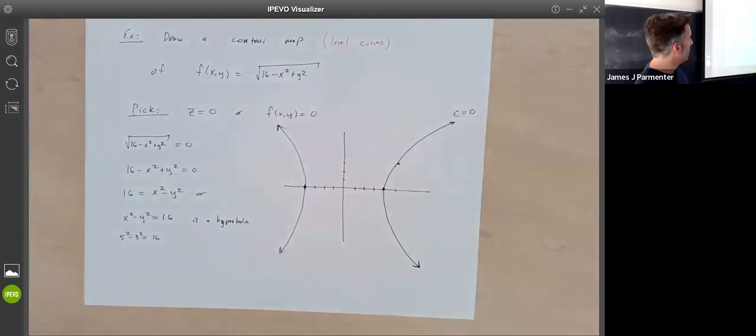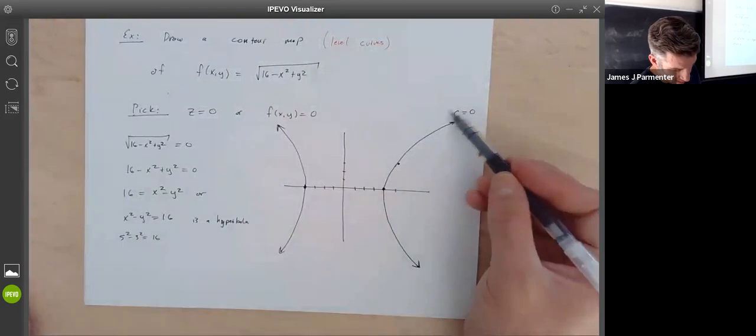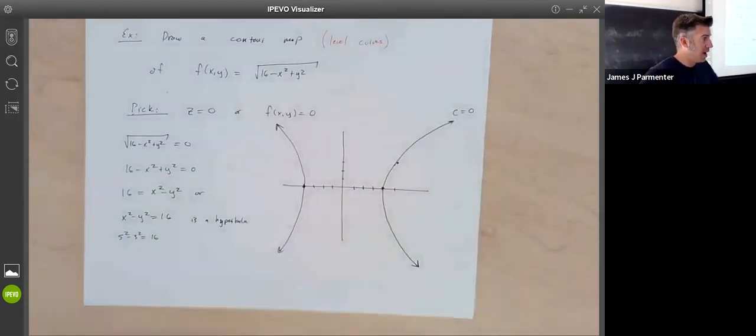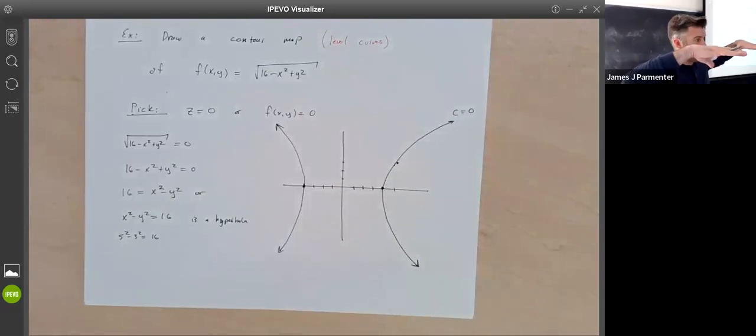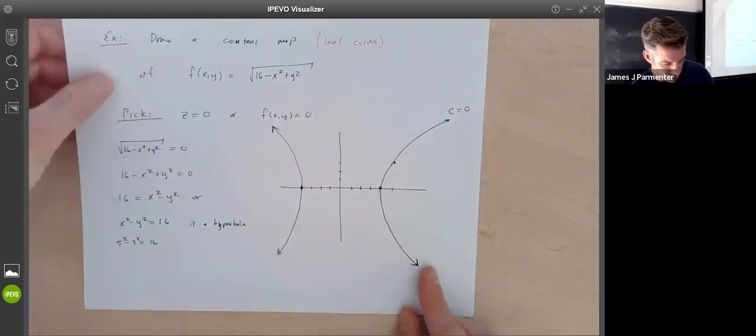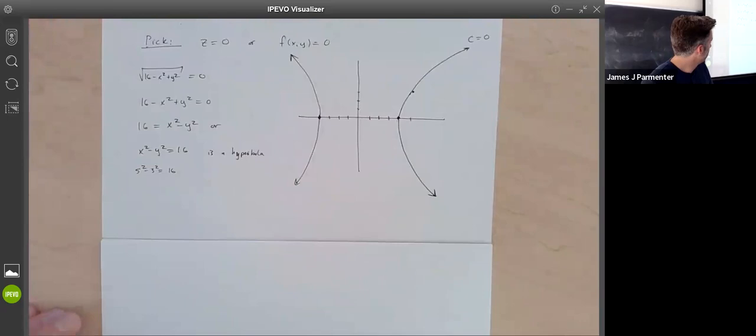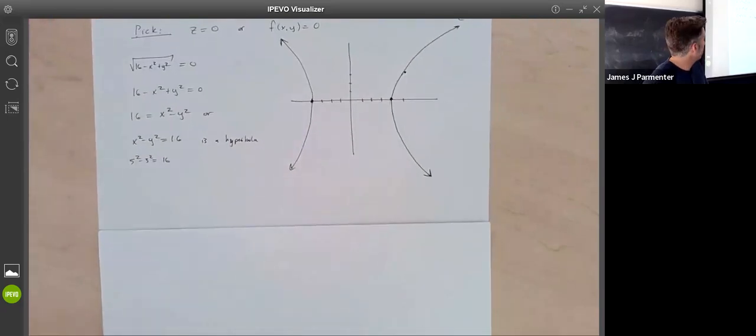So here's the beginning of my contour map. I've let my C value, my level curve value, equal 0. And now we're going to go higher up. So now we're going to let C equal 1, or z equal 1. And I need more room probably. It's okay. We'll do one more and then we'll talk about the faster way to do this.